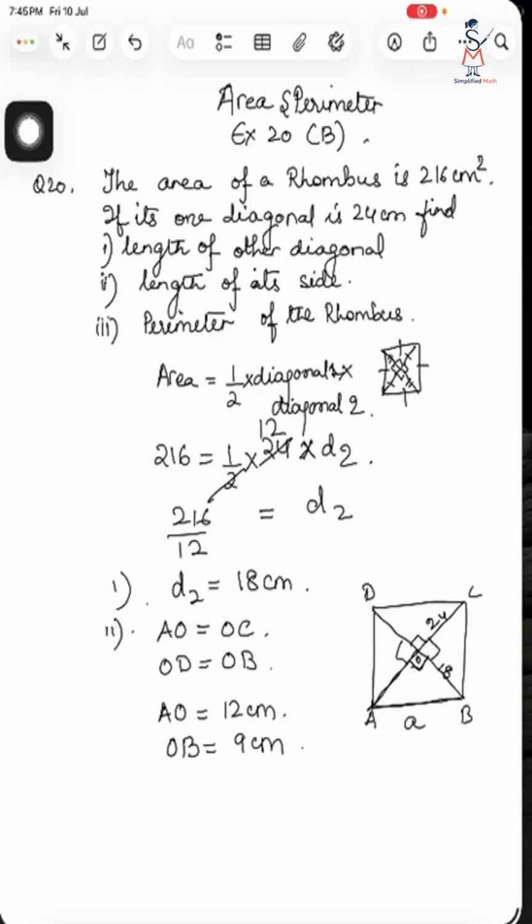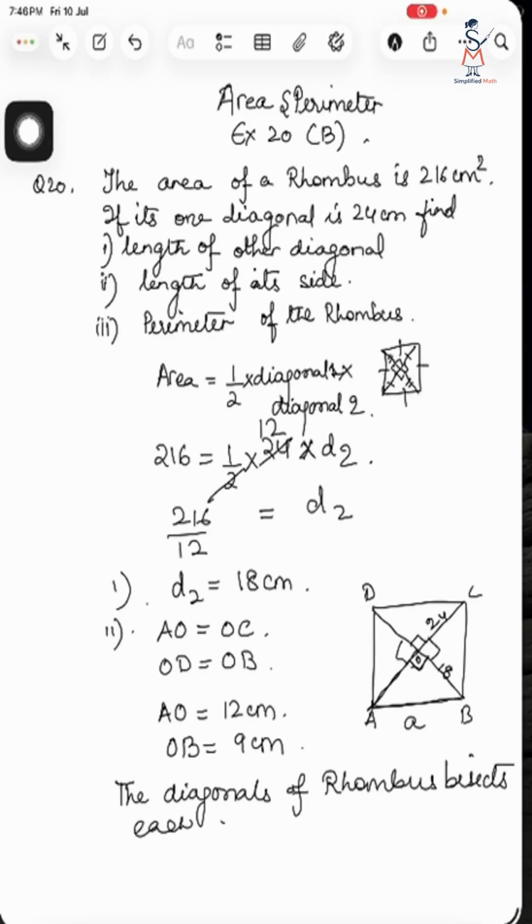So we got the AO and OB. We can write here the diagonals of rhombus bisect each other at 90 degree.